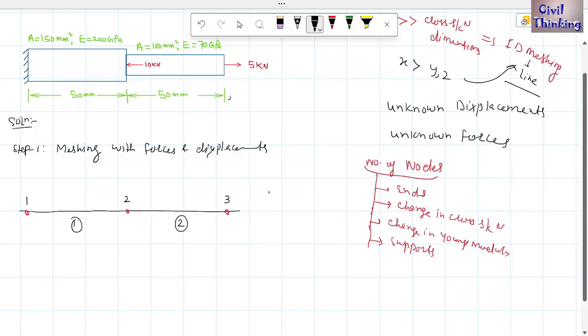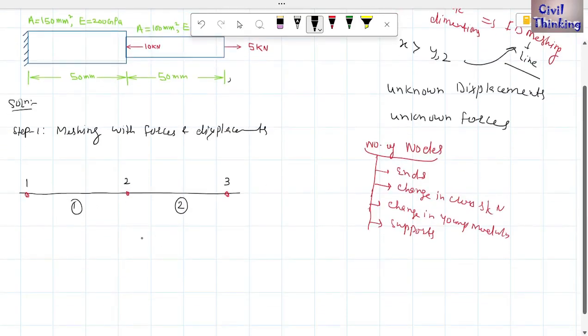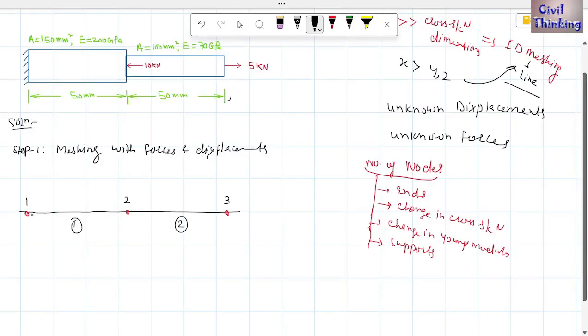Now let me draw the forces. Let us say the force here is F1, the force here is F2, and the force here is F3.